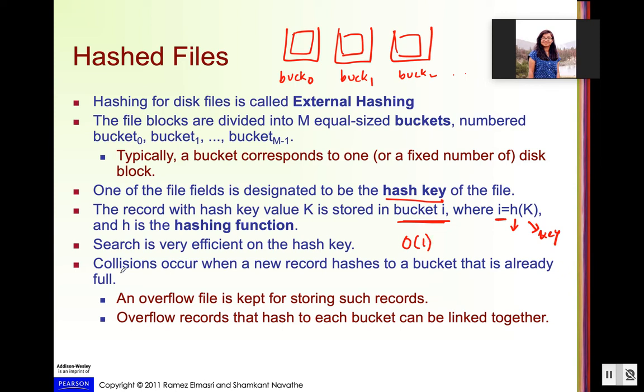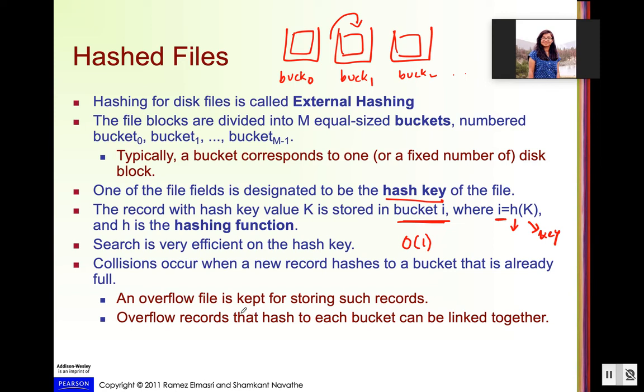But it can have a collision. A hashed file can have a collision when a new record hashes to a bucket that is already full. When I insert a new record in a bucket which is already full, that creates a collision. We have techniques for collision resolution.